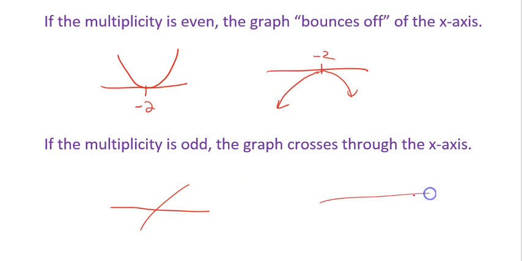If it's a multiplicity of 3, or 5 or 7, it tends to maybe flatten out a little bit sometimes as it goes through the axis, but it still crosses from the negatives to the positives or the positives to the negatives. But that's the main thing, is to know what happens. If it's even, it's going to bounce. If it's odd, it will go through the x-axis.